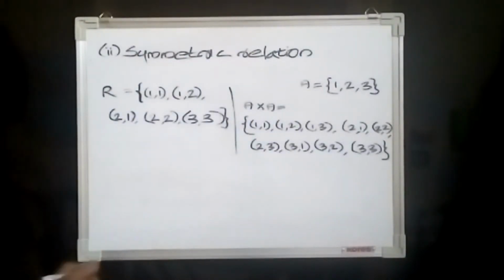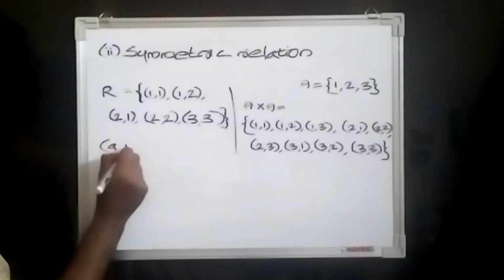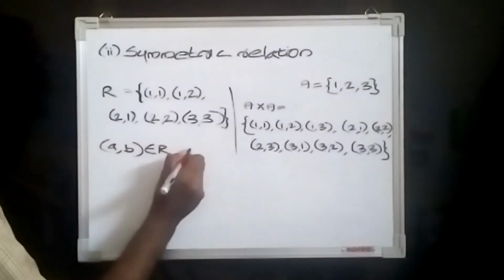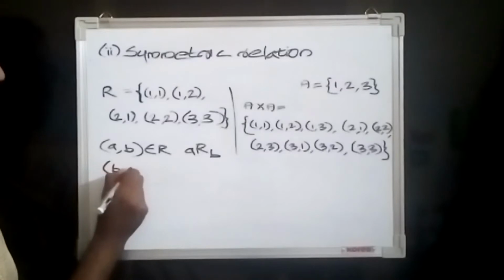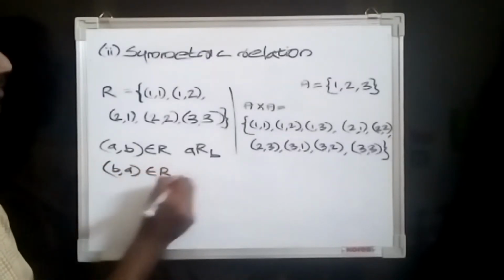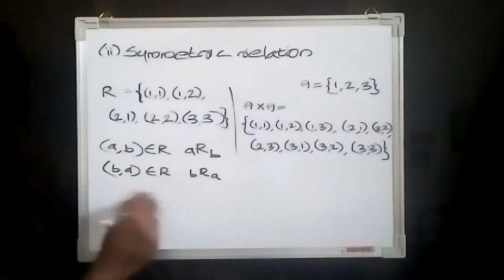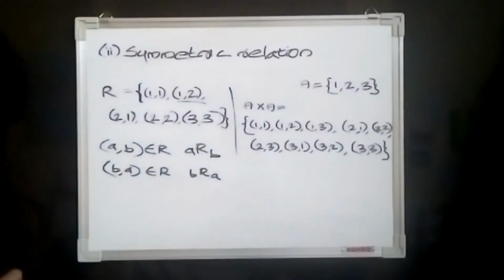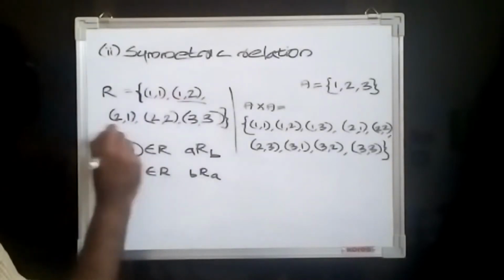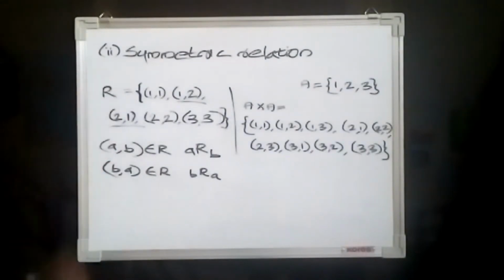By definition, a relation R in the set A is said to be a symmetric relation if whenever (A, B) belongs to R, or whenever A is related to B, then (B, A) should belong to R. That is, B should be related to A. Here we have (1, 2) belongs to R. Then (2, 1) also belongs to R. Whenever (1, 2) belongs to R, then (2, 1) also belongs to R. Therefore, the relation is symmetric.